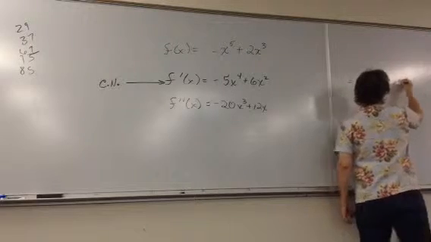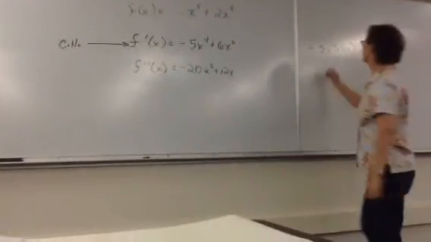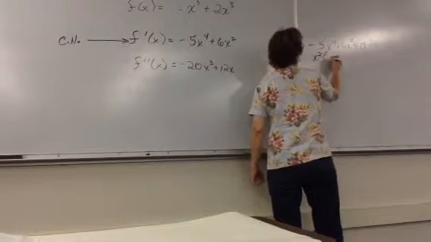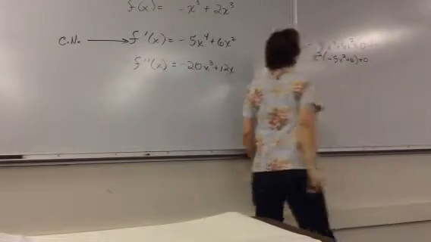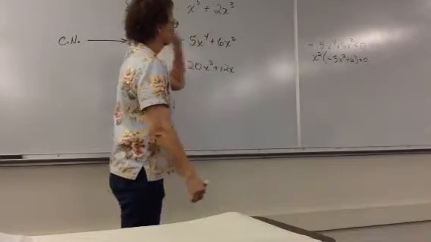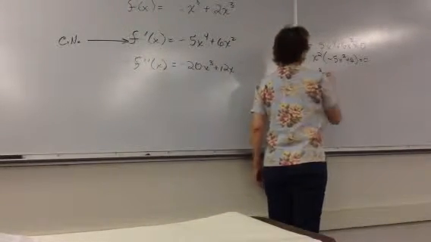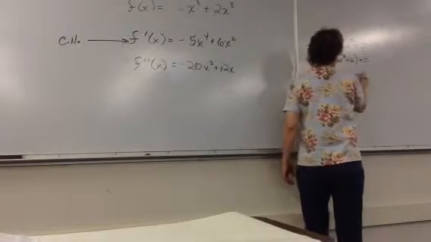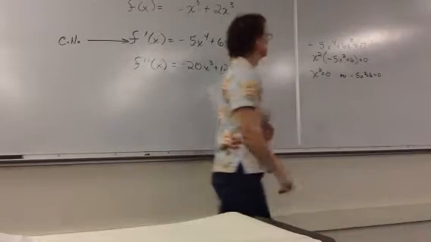Where is it equal to 0? Because that's how we find our critical numbers. Well, I can factor an x squared out. Well, that's not going to be pretty answers, is it? So I can say x squared equals 0, or negative 5x squared plus 6 equals 0.